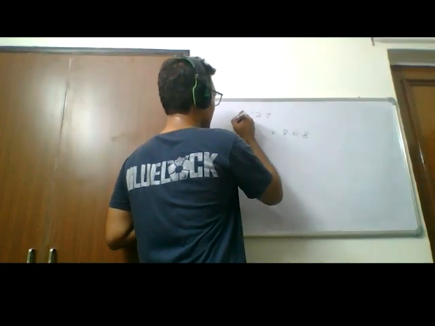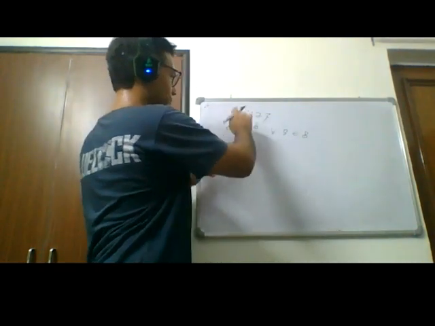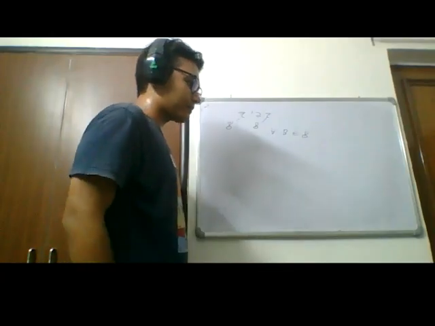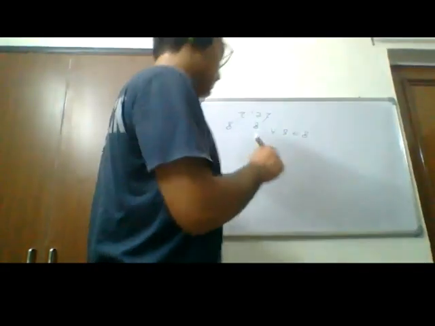So B prime here is the basis, and this is another basis. So we have two bases for this. Have we given them? Yes, we're given them. Cool.